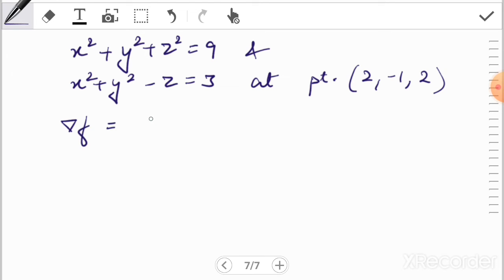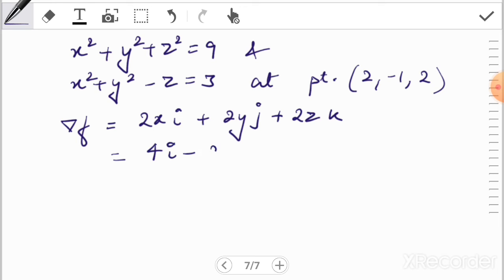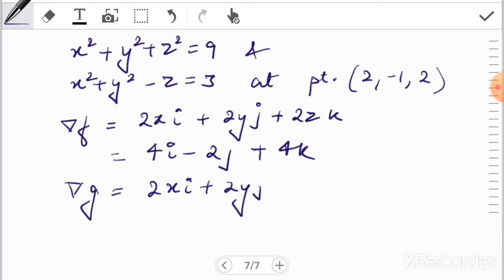So 2xi plus 2yj plus 2zk, right? So at point (2, minus 1, 2), which will be 4i minus 2j plus 4k. Similarly, del g is 2xi plus 2yj minus k, so which is 4i minus 2j minus k.